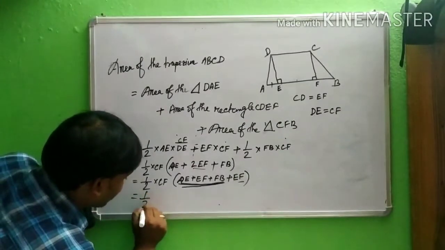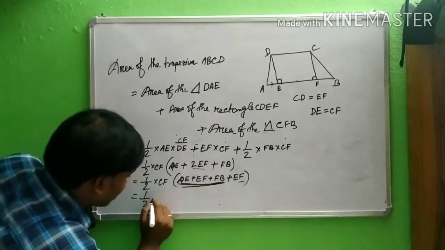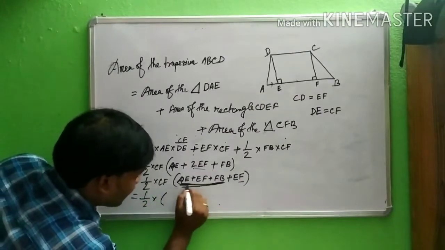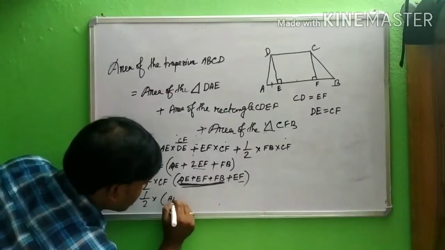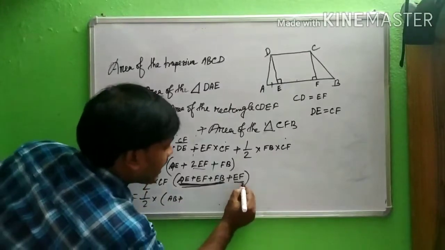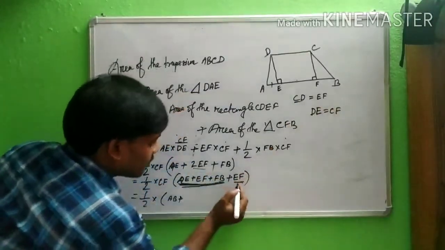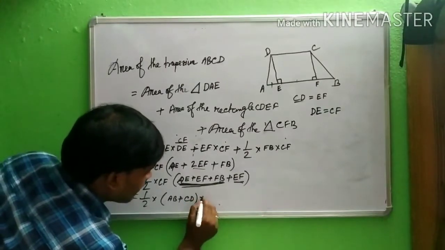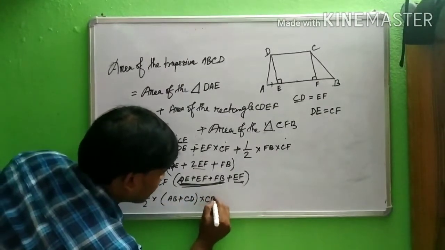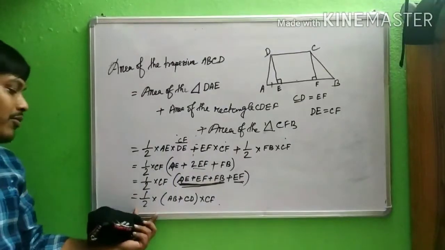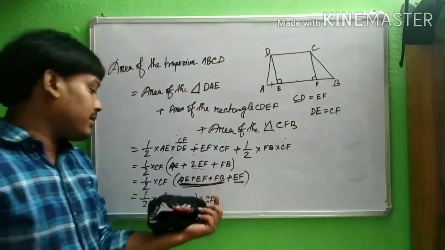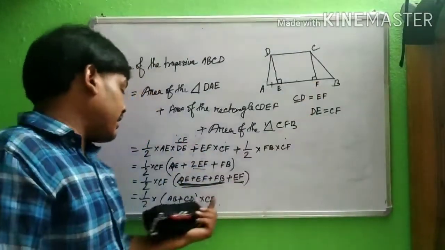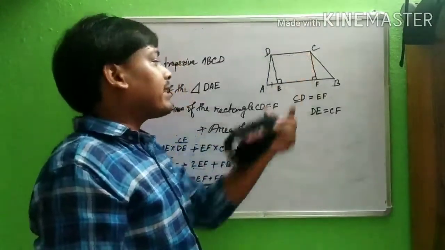So half into, we write CF at the last, half into the value of this one AB, and EF equals CD. So in place of EF we can write CD, and the value of height is CF. So it is the formula. So AB means the base side, and CD means the upper side.